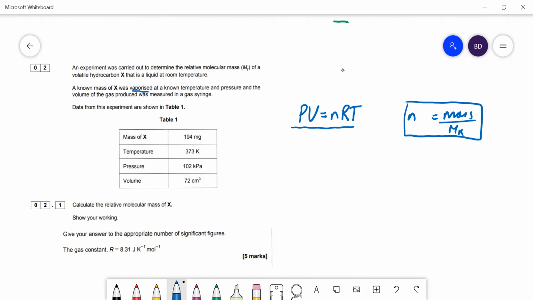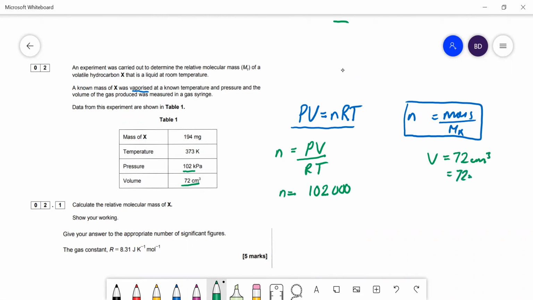So let's rearrange the ideal gas equation. We get n equals PV divided by RT. Always be really careful with the units in the ideal gas equation. P is 102 kilopascals, but we've got to put it into pascals, 102,000. V is 72 centimeters cubed, but we have to convert that into meters cubed. There are 1 million centimeters cubed in a meter cubed, so that's equal to 72 times 10 to the minus 6 meters cubed.